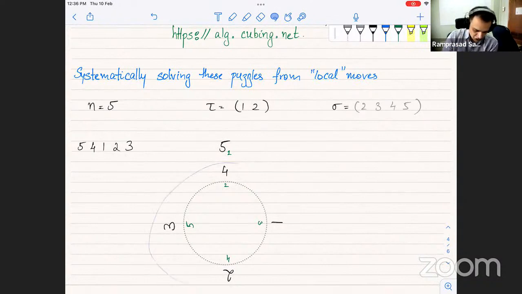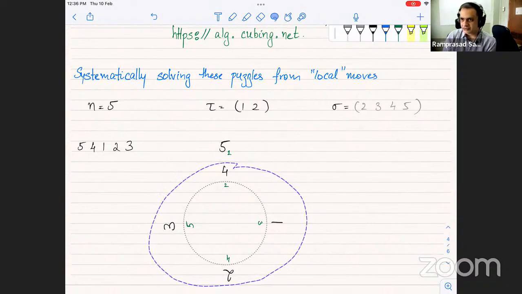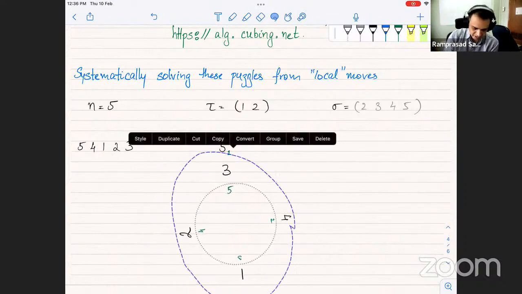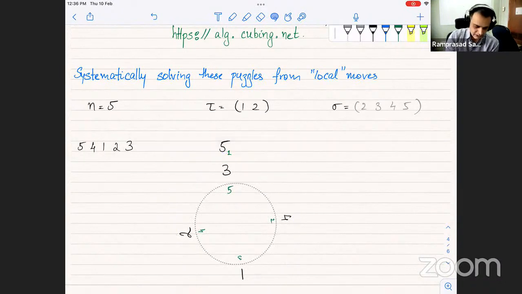At the moment, the thing on top is a 5. So I want to move the location 5 to the target situation. I'm just going to do this, and now let's swap these two.